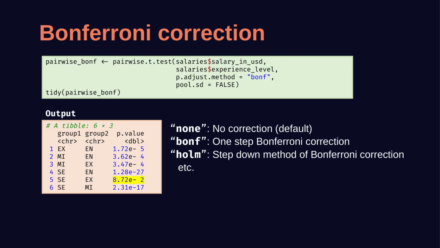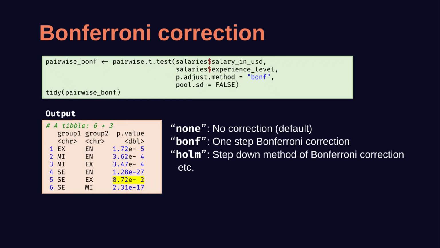The solution to this problem is to adjust the p-values to reduce the chance of getting false positives. One common method is the Bonferroni correction, which increases the p-values to account for the number of tests being run. To apply the Bonferroni correction, we have to set the p.adjust.method to bonf. R offers several options for adjusting p-values, with some methods being more conservative than others.